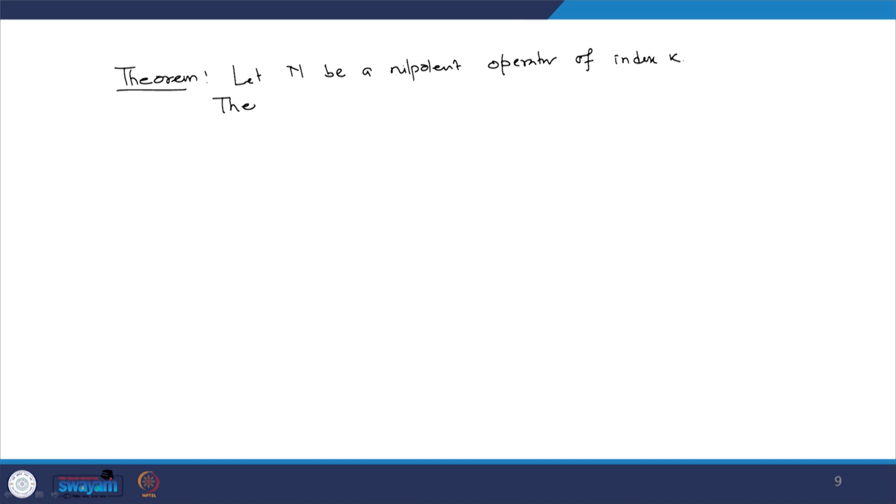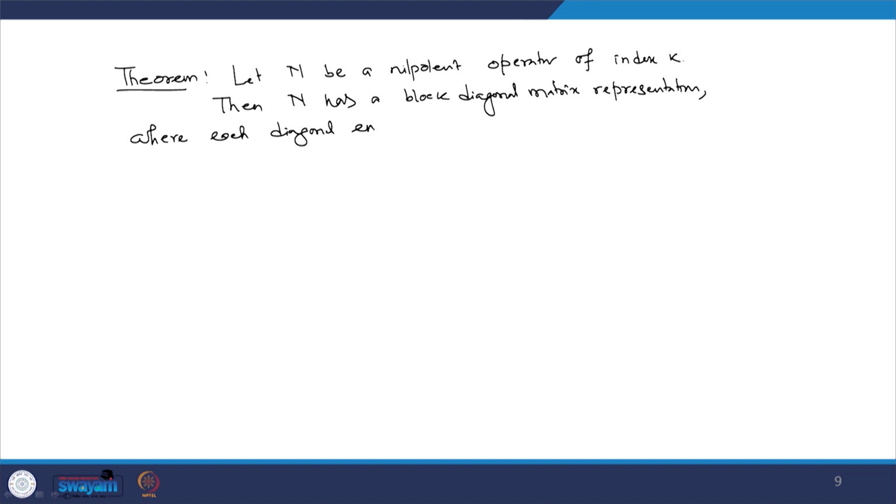Then N has a block diagonal matrix representation where each diagonal entry is a Jordan nilpotent matrix.